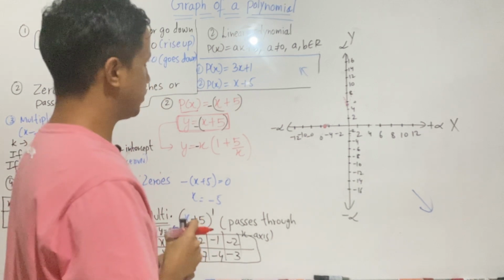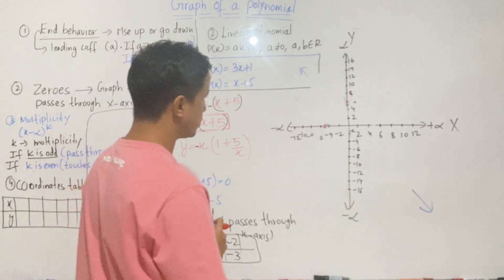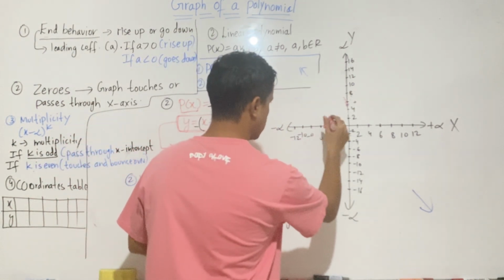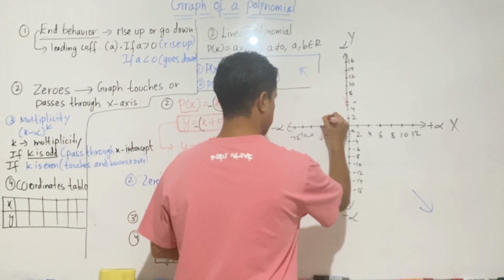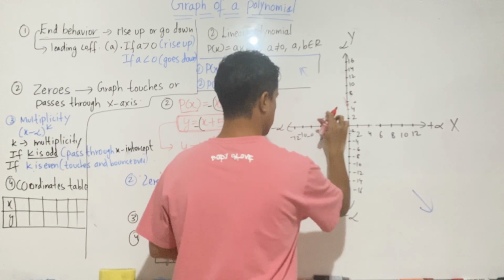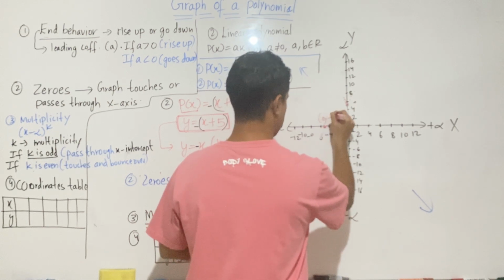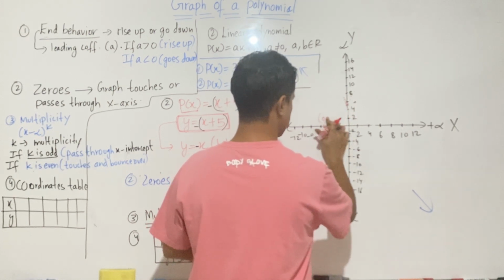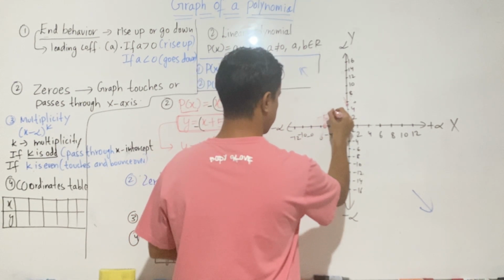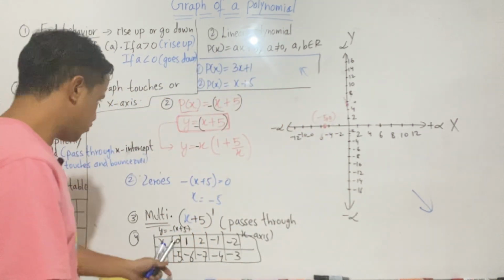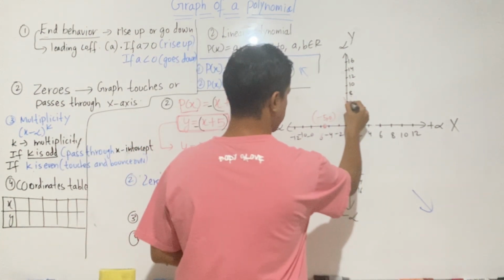This point is minus 5, 0, right? If you put x as 0, y will be minus 5, means this point.